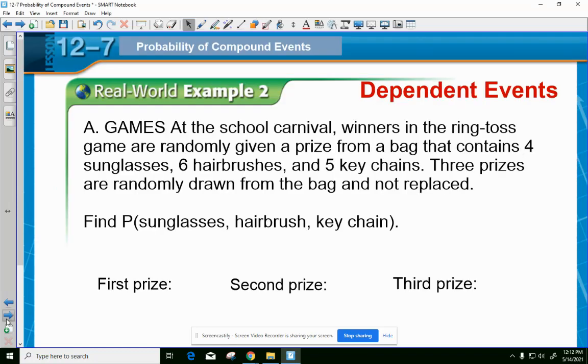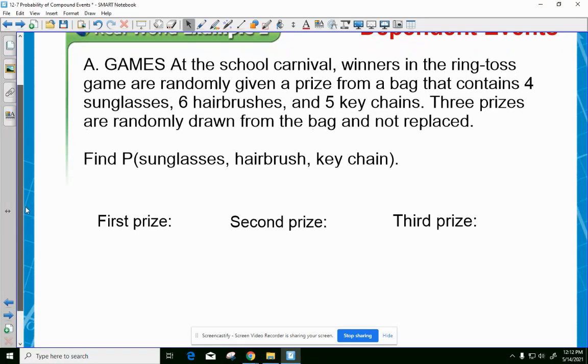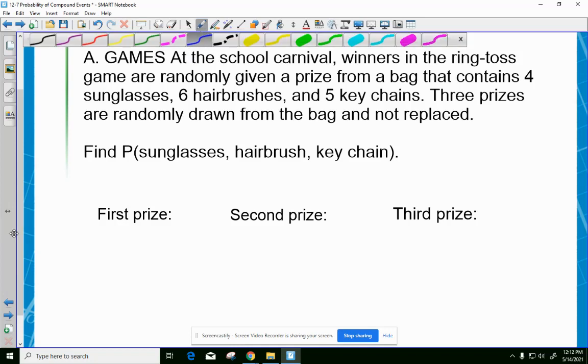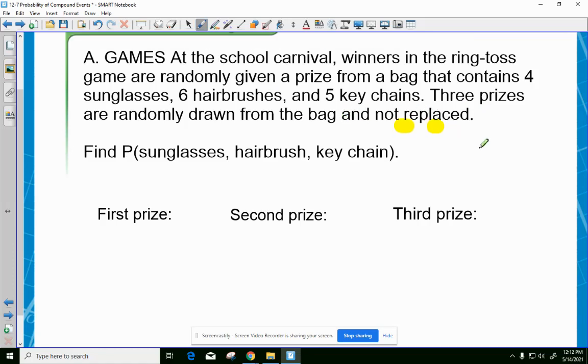All right. Now, take a look at this. This is like the best school carnival prize wheel you're ever gonna get. You get a hairbrush, some sunglasses, keychain. I mean, what else you want? Now, based off of this, and here's the piece right there, not replaced, not putting it back.